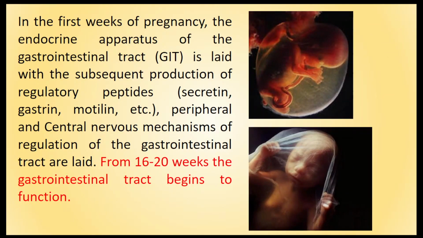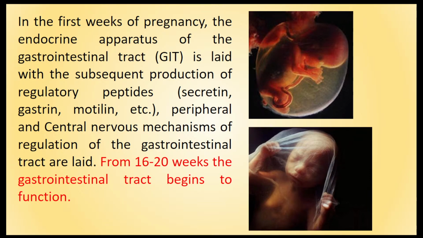In the first weeks of pregnancy, the endocrine apparatus of the gastrointestinal tract is laid, with subsequent production of regulatory peptides: secretin, gastrin, motilin, etc. Peripheral and central nervous mechanisms of regulation of the gastrointestinal tract are laid.